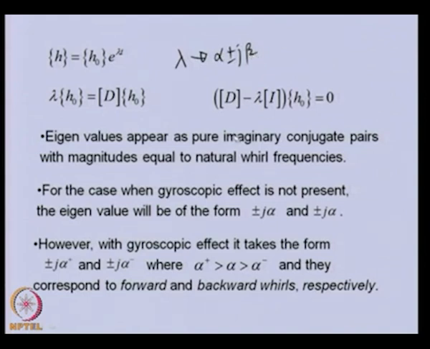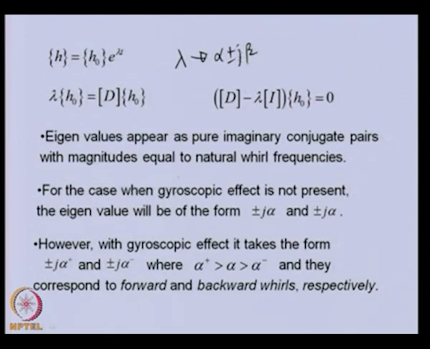Because there is no damping in the system, we expect this real part will be 0, because this corresponds to damping. Even though we have the velocity dot term in the equation of motion, that is due to the gyroscopic couple, which is not damping. So, we will find that the eigenvalue will be pure imaginary, and the magnitude of that particular term will be the natural frequency of the system. And obviously we will get them in complex conjugate form, but they will be pure imaginary eigenvalues.